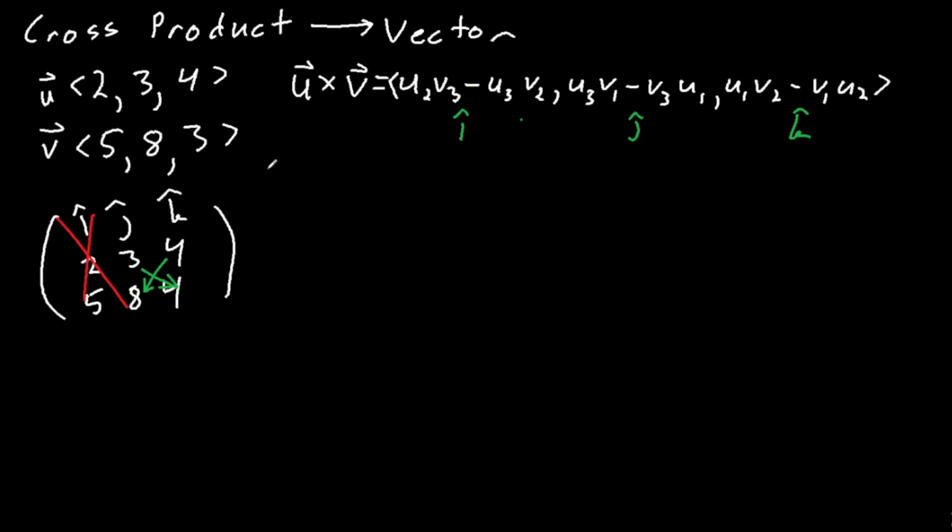It's a little different for j, and it's the same for k as for i, but I'll show you as I'm solving this problem. Let's say U cross V. Keep in mind this is not multiplication. If it was U dot V, it would be completely different because that would be the dot product.